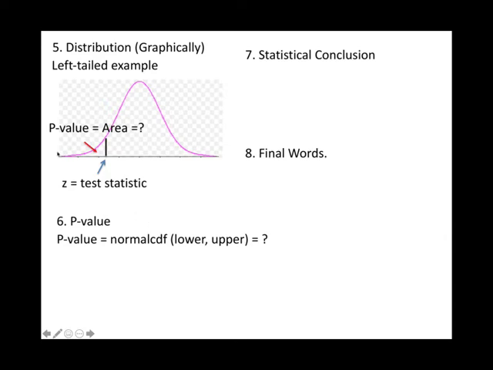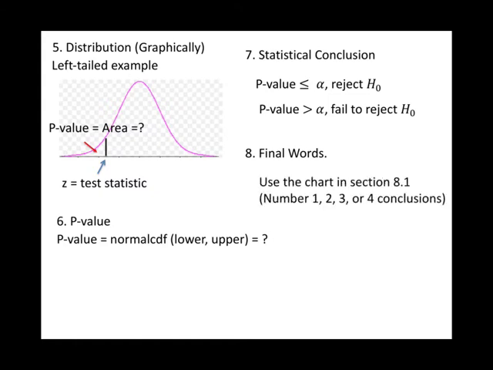Normal CDF, lower value to upper value. And after that, we compare the p-value with your significance level. Less than or equal to, reject. Strictly greater than, fail to reject. Finally, it works the same as the chart in section 8.1, the 1, 2, 3, 4 conclusion. So this is the first part, performing the hypothesis test using the p-value method for two populations.